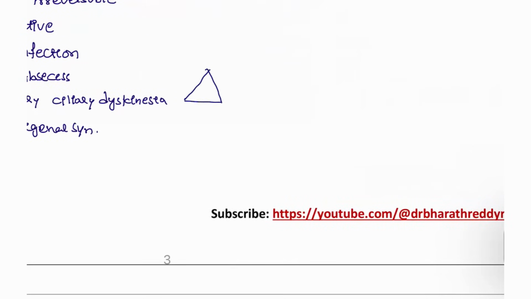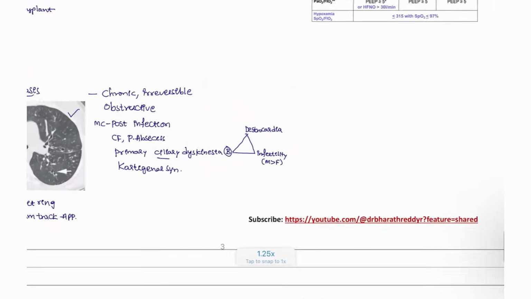The triad is mainly about the defect of the cilia. Cilia is defective, so this patient will have bronchiectasis, one thing, and also dextrocardia. The heart should be on the left side, but it is seen on the right side of the patient. Next, another one is infertility, most commonly in males more than females. This is seen in patients with primary ciliary dyskinesia.